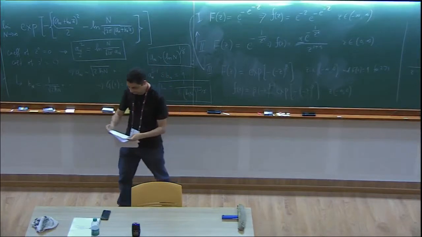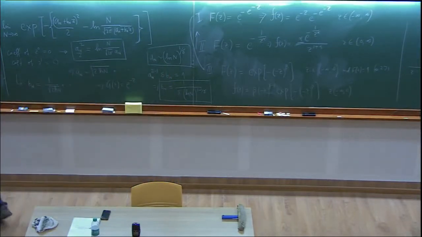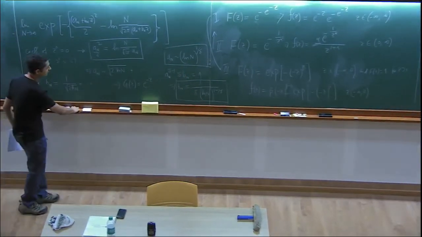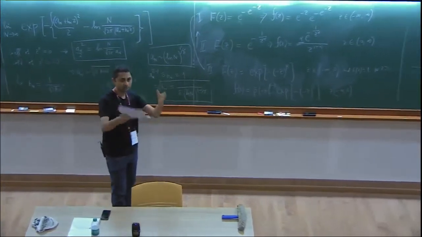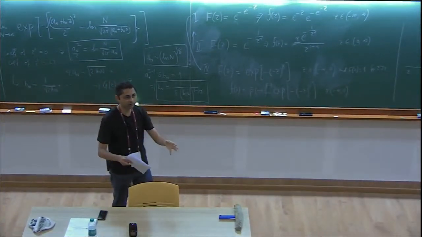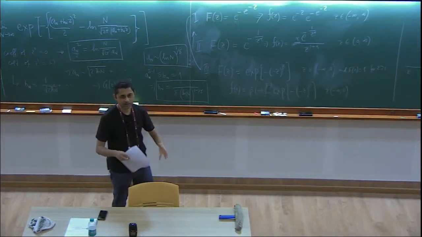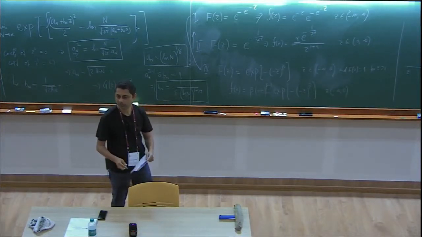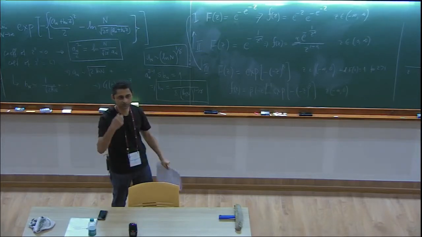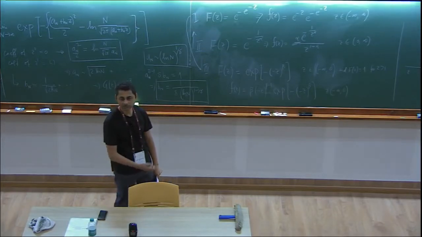Okay, so this is what I'm going to do now, part 2 of this. You can take any function you can think of which decays faster than exponential, and see how it behaves. Say exponential of minus exponential of z or something like that. Where does it go?